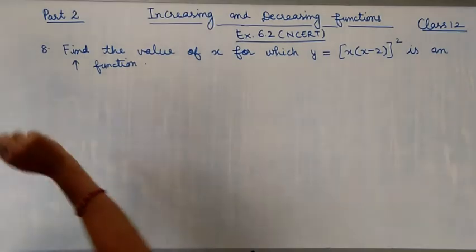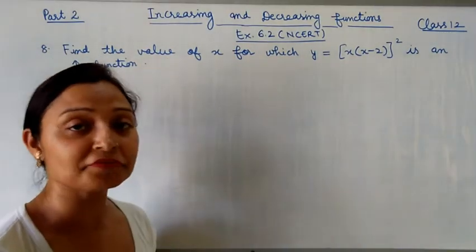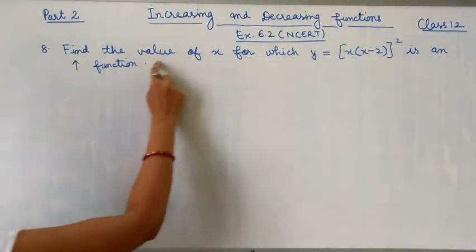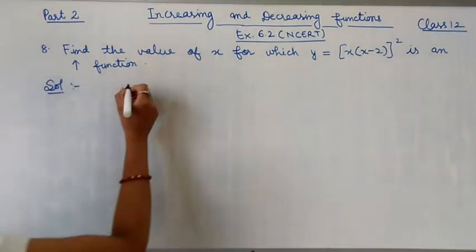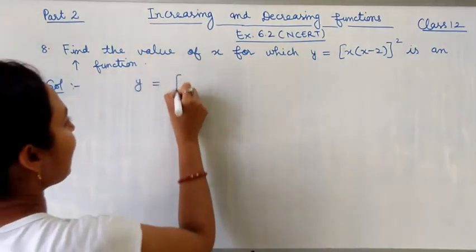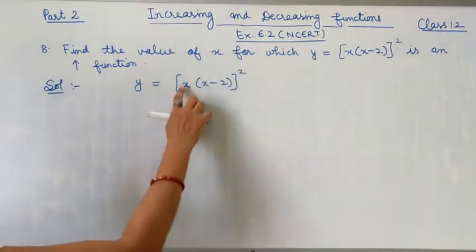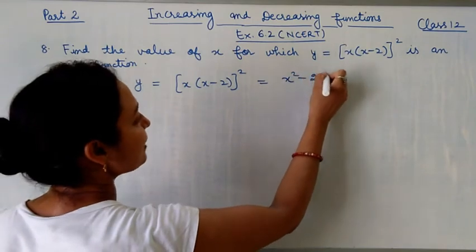The next question is the 8th question, in which you have to find the interval in which the function is increasing. Okay, so let's start. We have to find the values of x in which the function is increasing. I will start with y equals x times (x minus 2) whole square. First of all, I will multiply x, that will equal x squared minus 2x whole square.